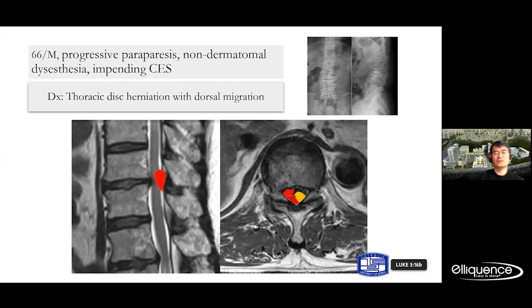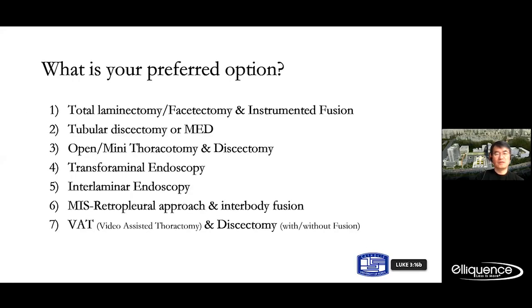It's very unusual. So in this exceptional situation, we can use the translaminar, interlaminar thoracic discectomy procedures. The yellow one is a severely compressed thoracic cord. So we have many options for that as well.